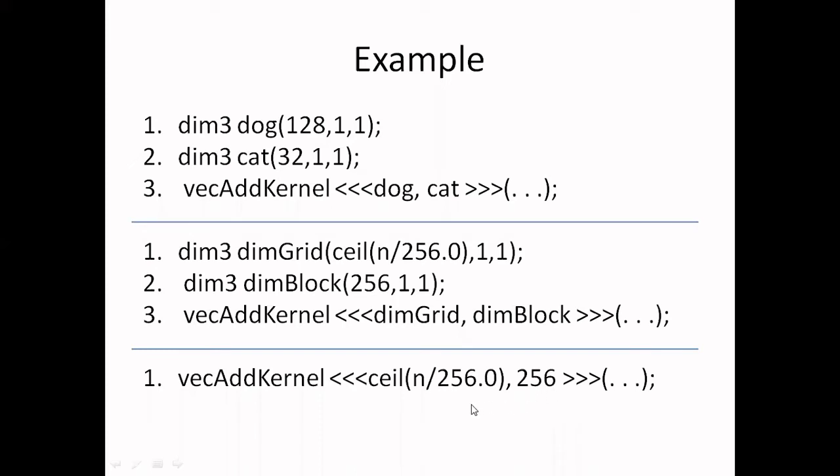In that case, you can avoid using three-dimensional values. You can specify just one value, comma, another value. Then the first value will be treated as the number of blocks and the second value will be treated as the number of threads in each block.